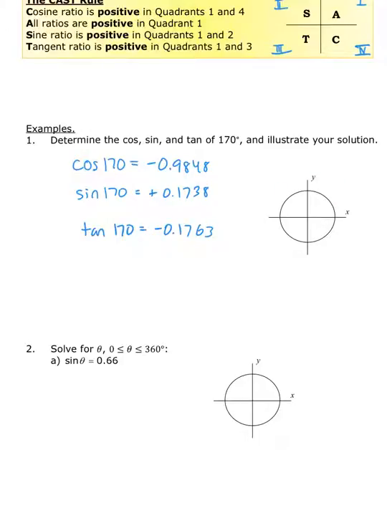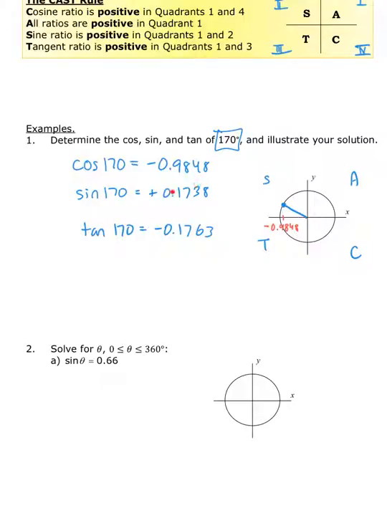So to illustrate this on my unit circle, what we are going to now get in the habit of doing is writing CAST. We need to draw 170 degrees, which is about here, almost at 180, not quite. Because our cos value is negative 0.9848, that point is about here. Remember, cos is x, so along our x-axis, that point went to the left 0.9848.